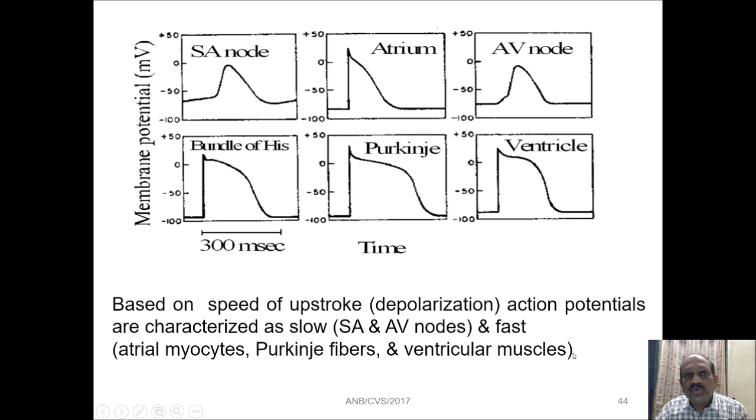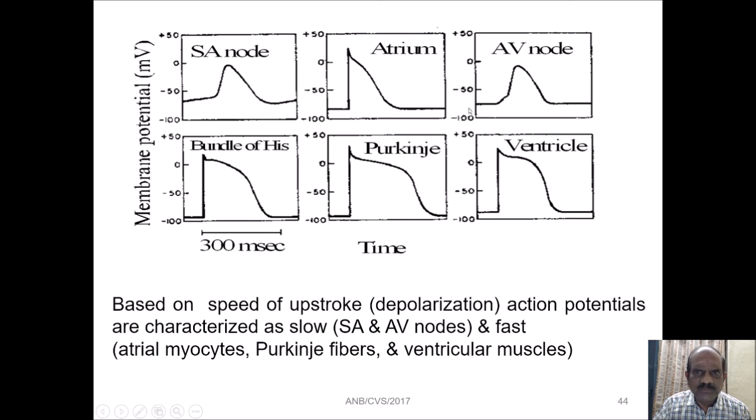Now this figure shows the different types of action potential recorded in different structures. Concentrate here on the SA node, AV node, and the bundle of His, and the rest of the structures.